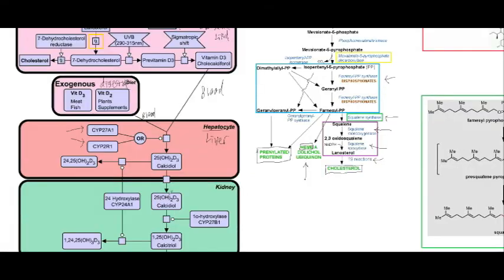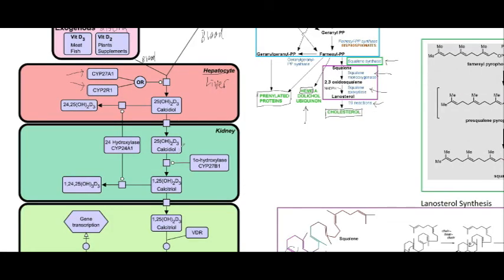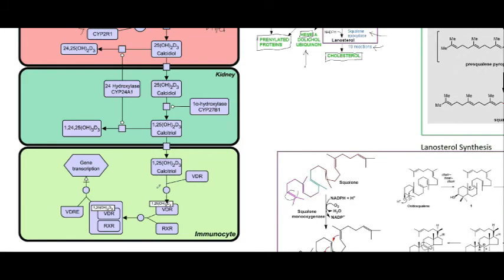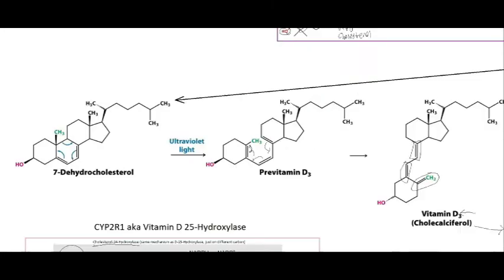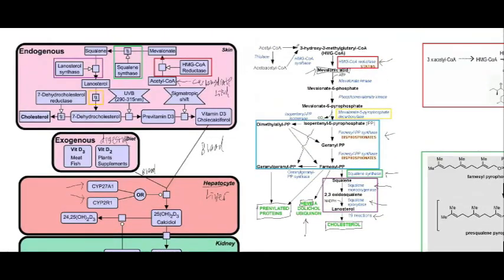So this is the calcidiol that we formed from our cholecalciferol, our vitamin D3, which went to the liver. We formed the 25 hydroxy vitamin D3, the calcidiol, which can then go to the kidney. And then that can be turned into the calcitriol. Yeah, and so that is the biosynthesis of vitamin D3.